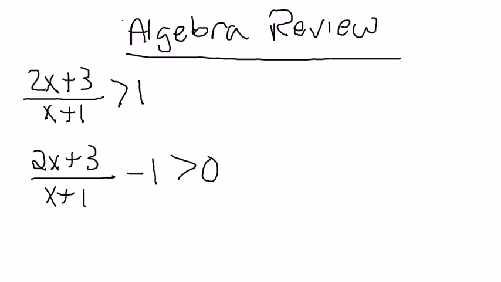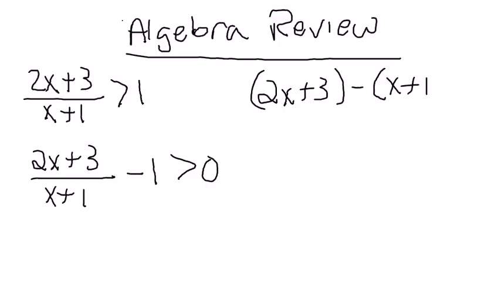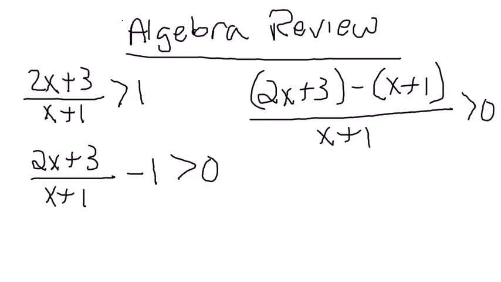So I write that 1 as x plus 1 over x plus 1. So I'm going to write it as 2x plus 3 minus x plus 1 over x plus 1 is greater than 0.